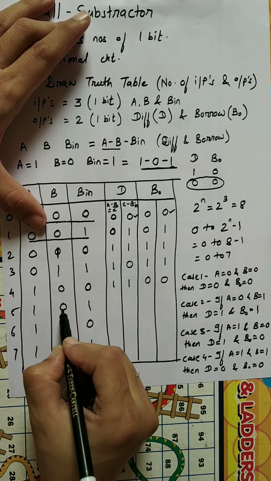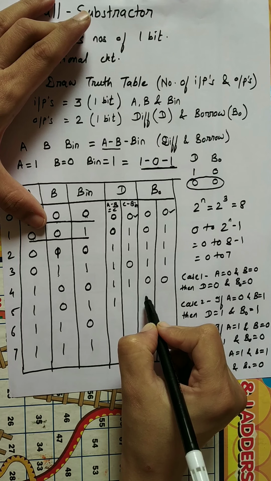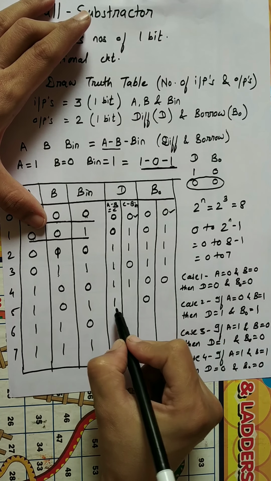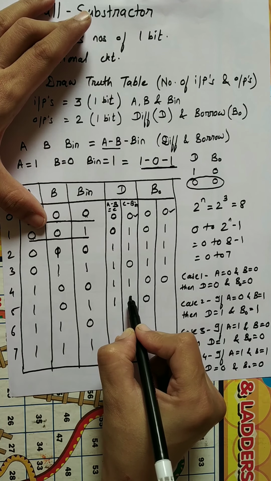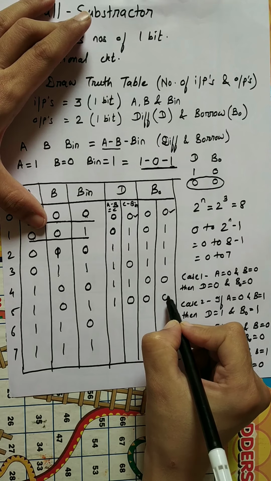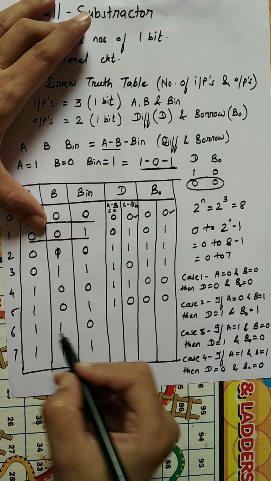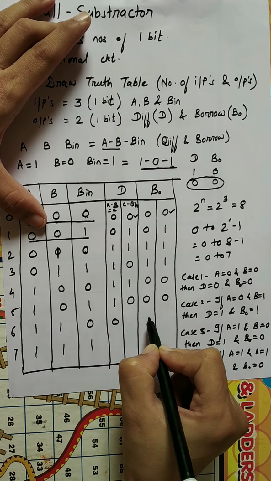Now in this case 1 minus 0 means difference 1, borrow 0. Now from this 1 I have to subtract this 1. So 1 minus 1 is here difference 0 and borrow will remain same, right? Now from this you can see that 1 minus 1 means your difference 0 and borrow 0.